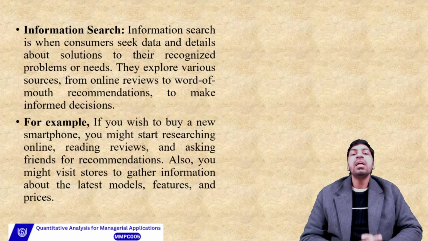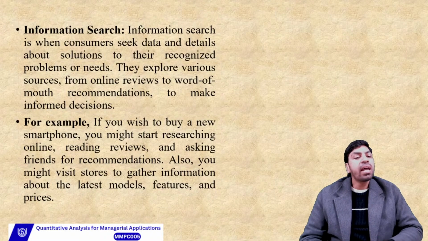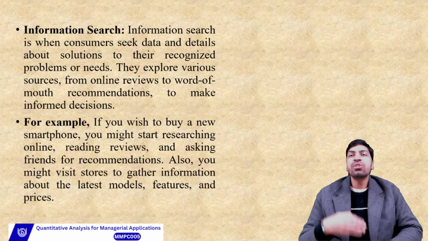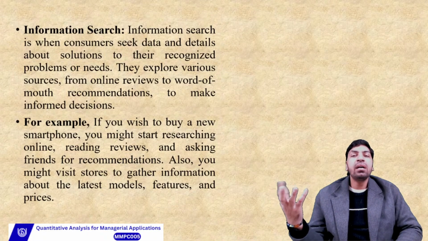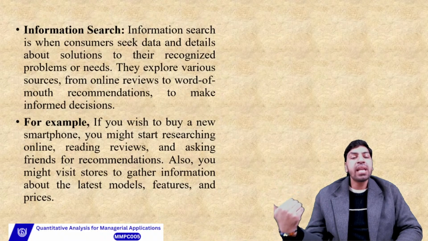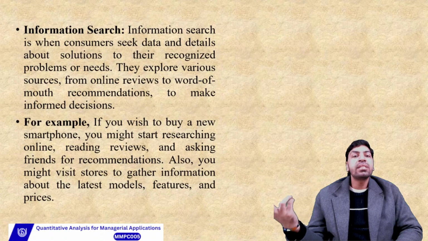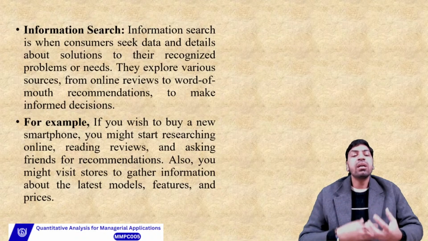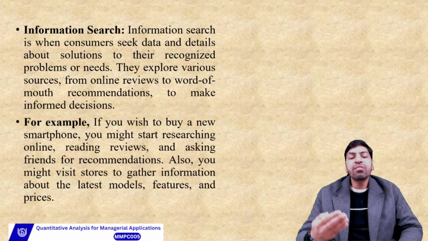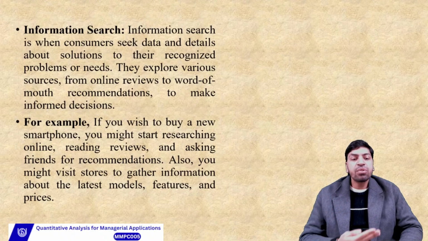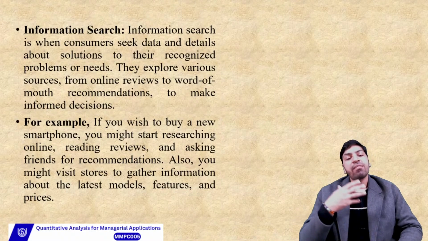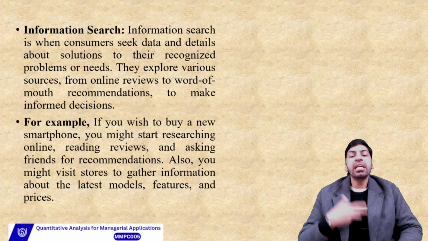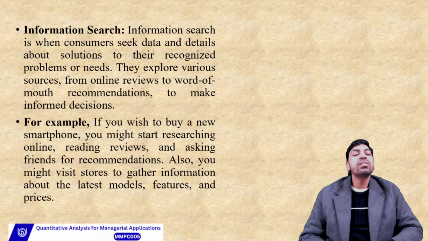For example, if you wish to buy a new smartphone, you start searching online and reading the reviews. If you want to buy a mobile, a purse, or any cosmetic products on Snapdeal, Zepto or Amazon, you automatically start searching for the product online and reading the reviews of consumers who have purchased and used that product, and accordingly you can take your decision.